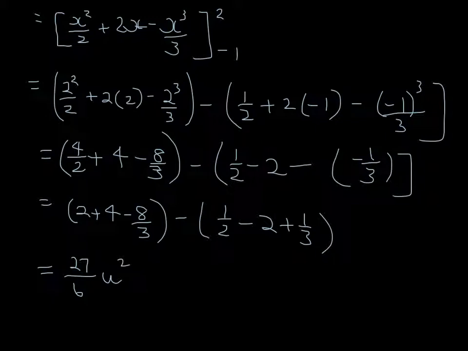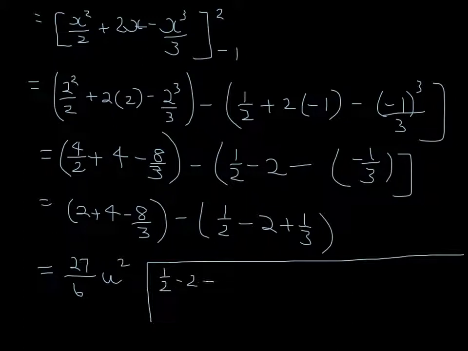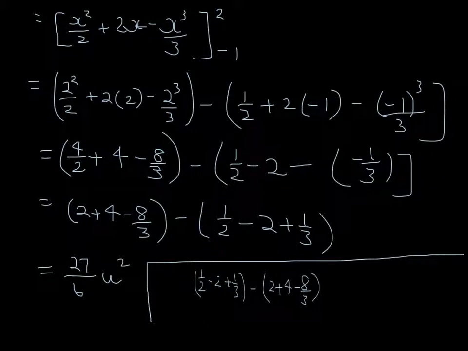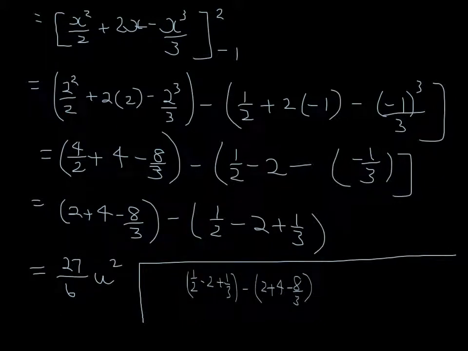Okay, so just think about it. If you had it the other way round, then you'd be getting this bracket first minus this bracket. So you'd be getting a half minus 2 plus a third, minus 2 plus 4 minus 8 on 3, which gives you, if you put that on the calculator, minus 27 on 6.